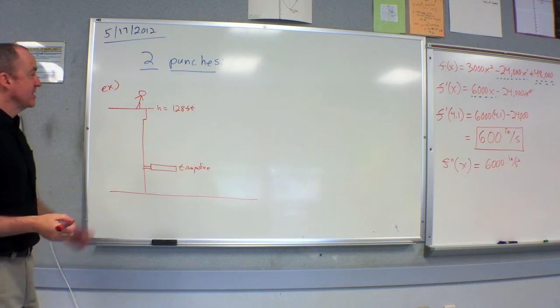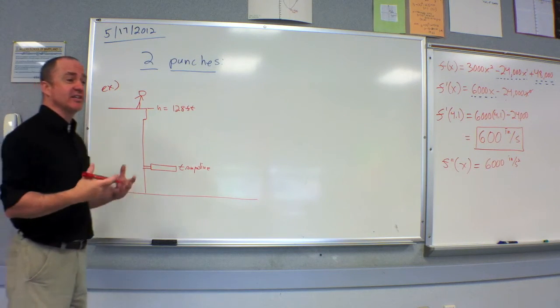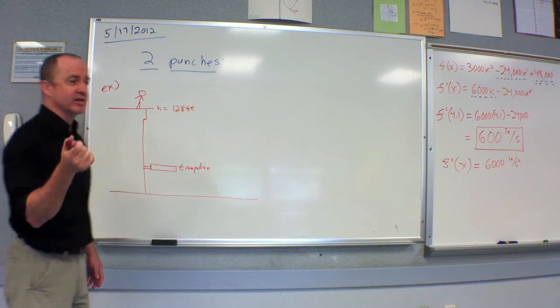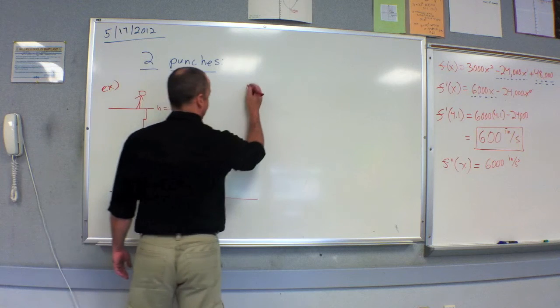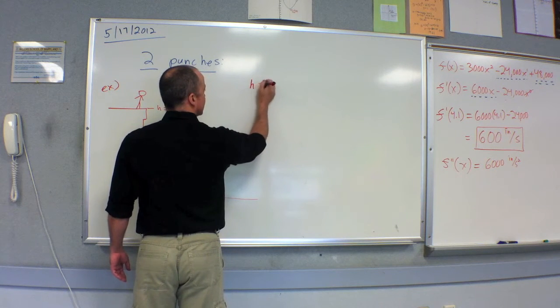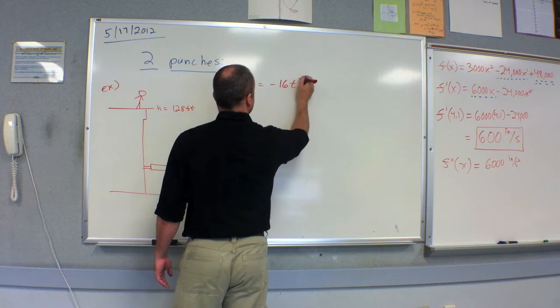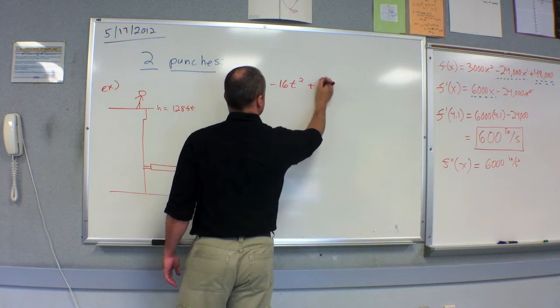For an object that just falls and does not jump or is launched, this is similar to something you use, but I'm not being metric, so it'll look a little different. For a falling object, his height at any moment is negative 16t squared plus your initial height.